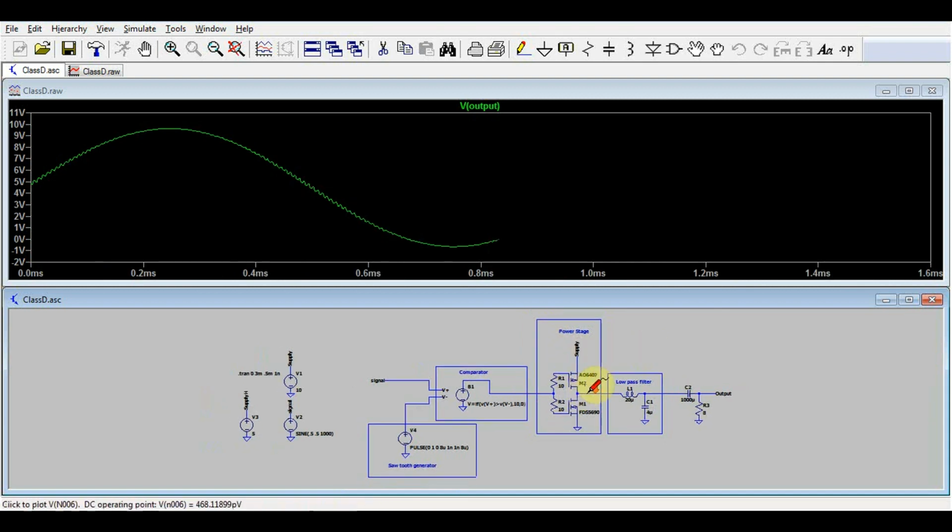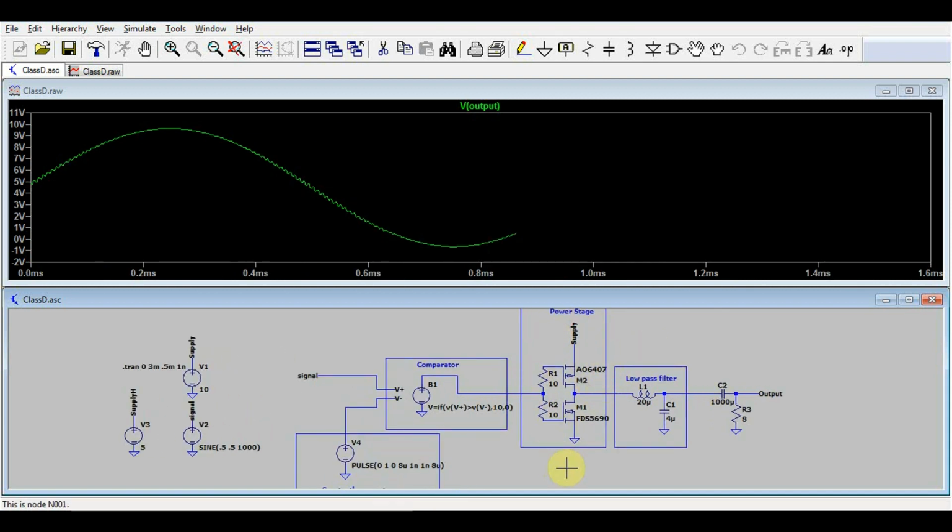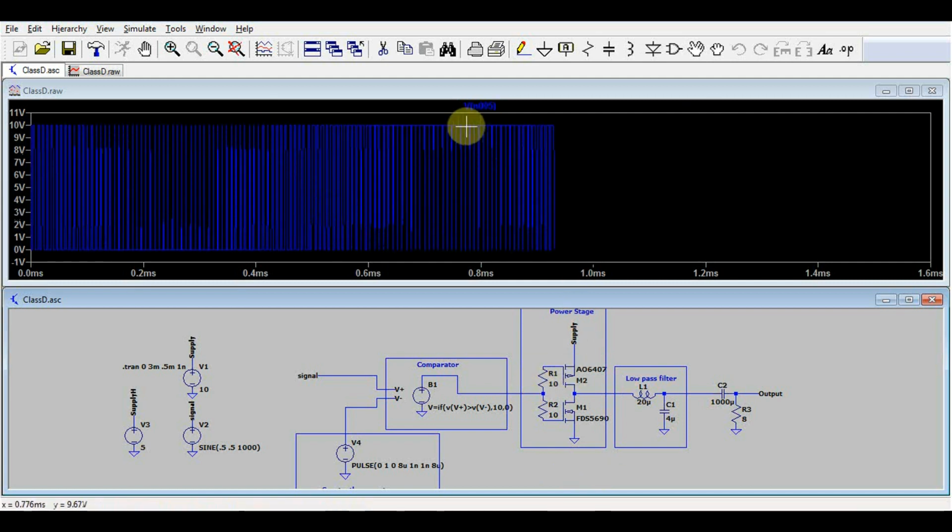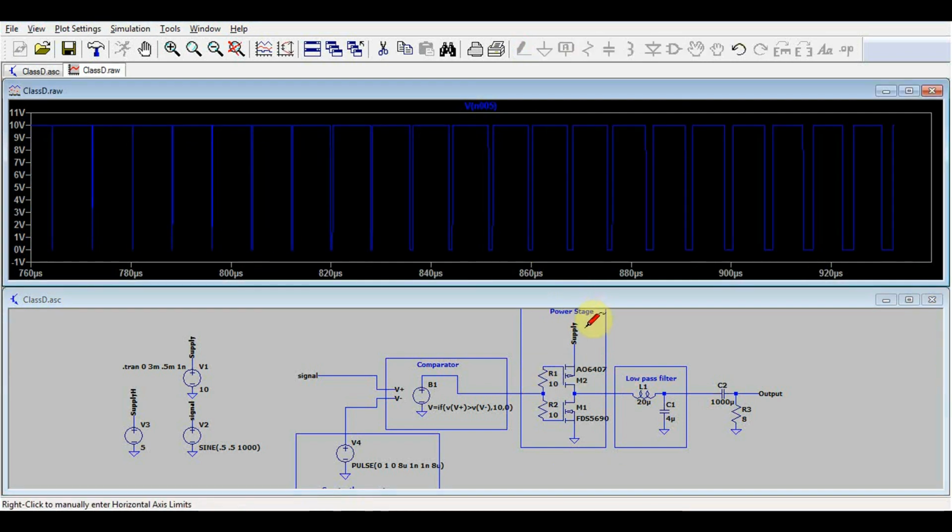And why is that? Well, it's regarding the power stage. Since you're working with digital signals, so zeros and ones, either one transistor is on or the other. You're never in the active region of the transistor. It's either saturated or cut off.